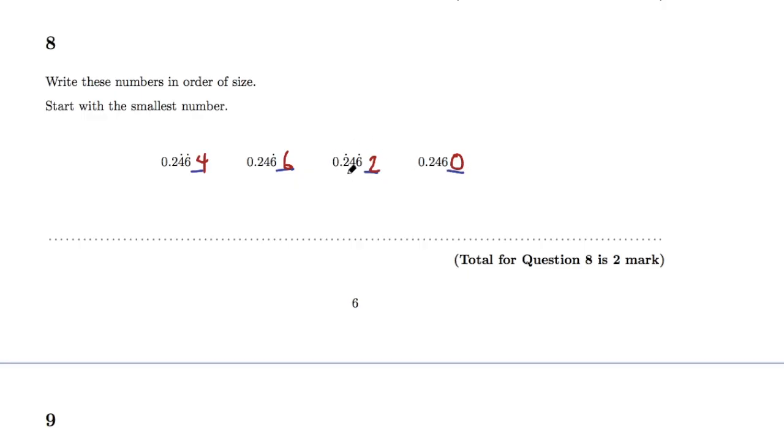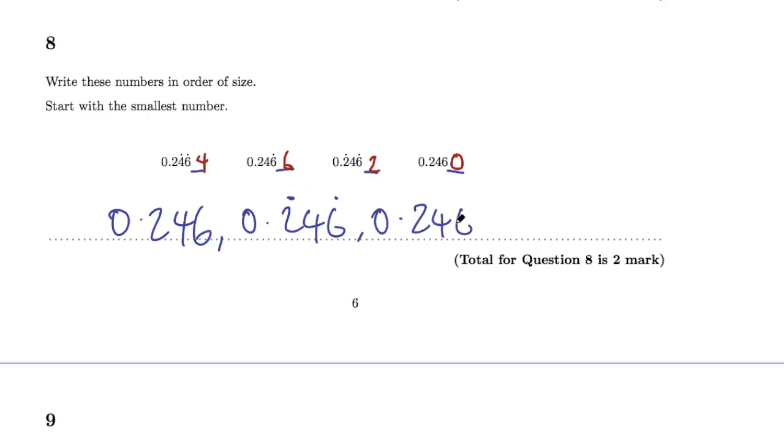This is the next, 0.2462, 0.264, 0.266. So as long as you find that next number, then you should be alright to order these. And make sure you draw in the recurring dots correctly in your answer. That's one way to lose simple marks.